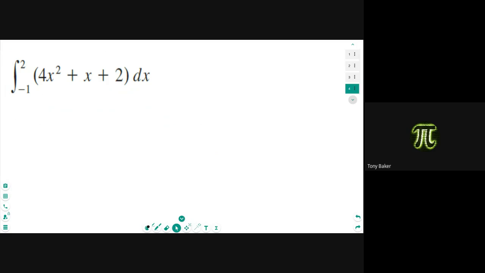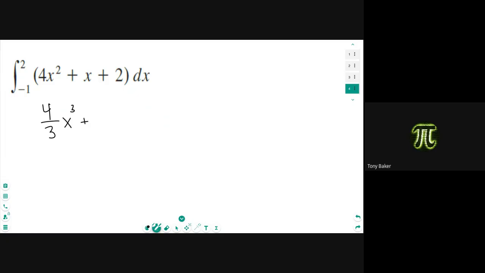All right, what do we got? You can ignore this until you've done the integration. So what's the integral of 4x squared? 4/3 x cubed. Integral of x?